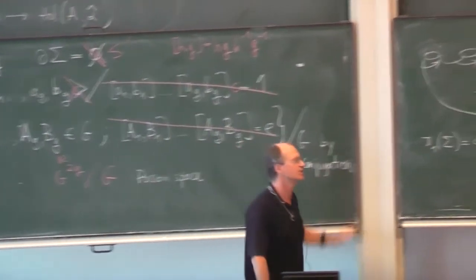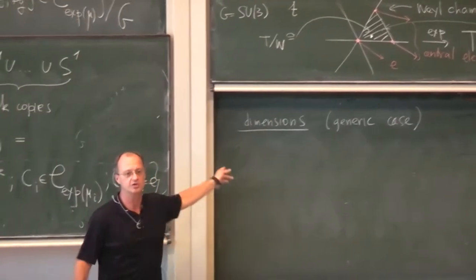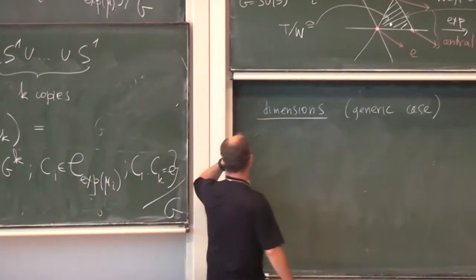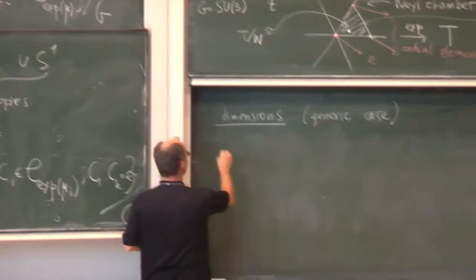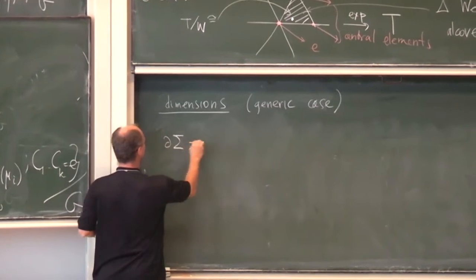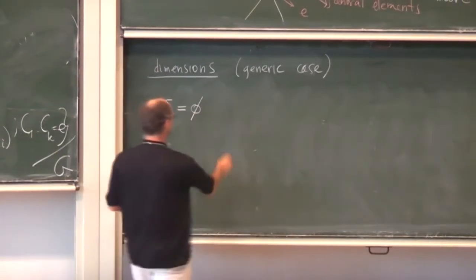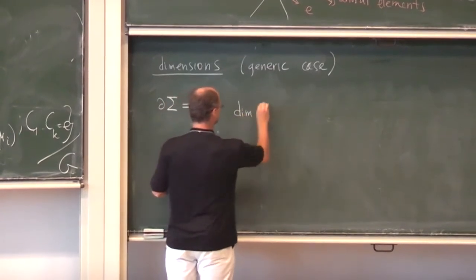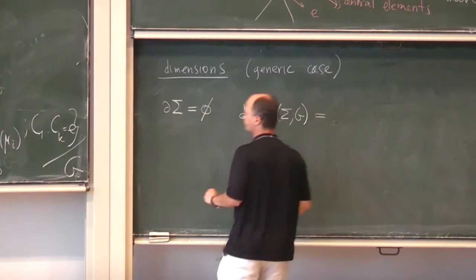So this means that this will be the dimension for the generic case. In particular, I will give you one exercise to see what happens in non-generic cases. So let's first say this sigma is empty. Now what will be the dimension of M sigma G?